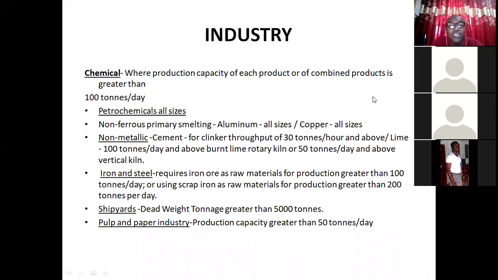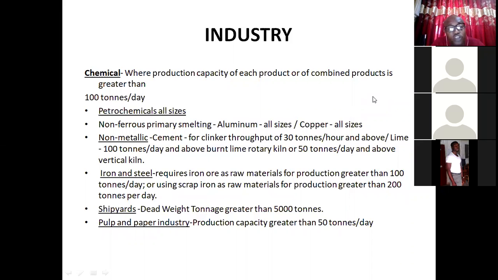If you want to do an industry, not all industries, but the categories of industry listed below. Any industry with a production capacity above 100 tons per day, you must do it. However, all petrochemical industries, irrespective of the tonnage, must do an EIA.